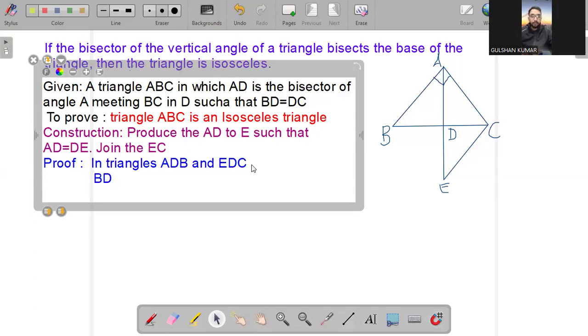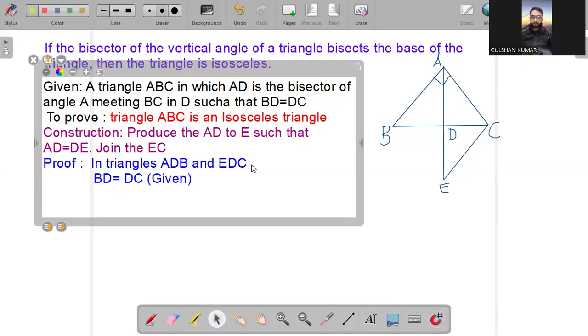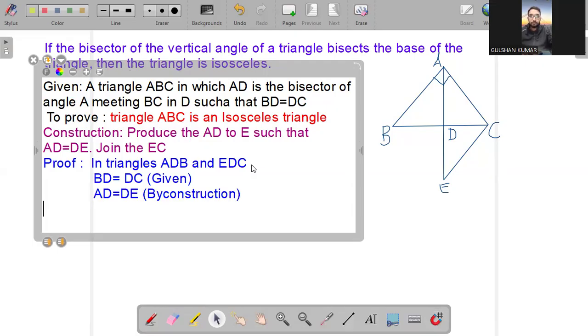BD equals DC, as it is given. AD equals DE by construction, and angle ADB equals angle EDC.